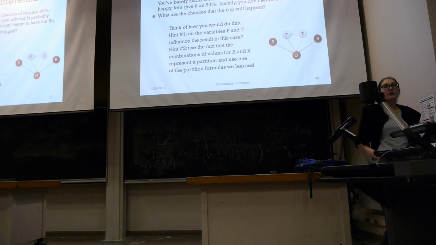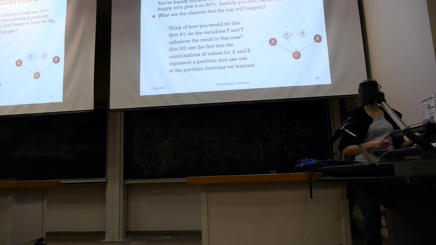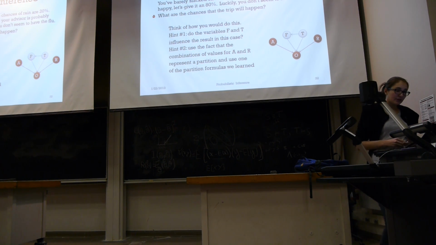You don't need to solve this. We're going to come back later when we actually do Bayes nets. But just think of how you would do this given the structure that I just represented. At first, we should consider whether the variables F and T actually influence the result, given that you don't have the flu.